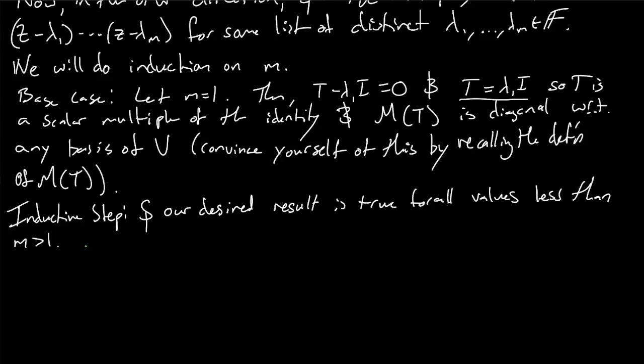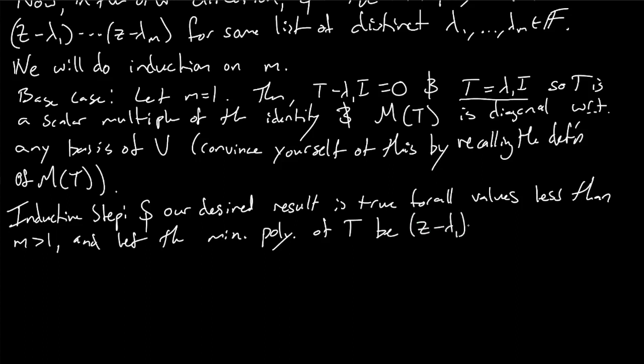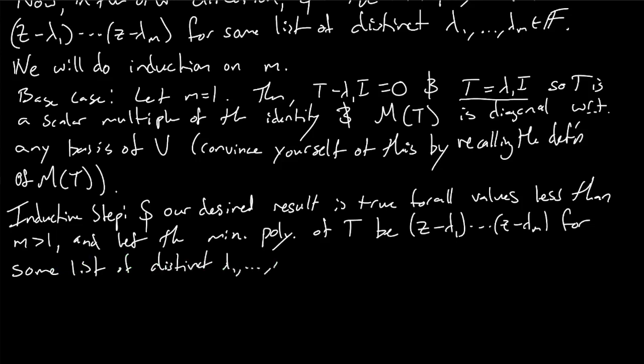Now, what we'll do is, well, here, let me write it out more specifically. Let the minimal polynomial of T be z minus lambda 1 through z minus lambda m for some list of distinct lambda 1 through lambda m in the field.